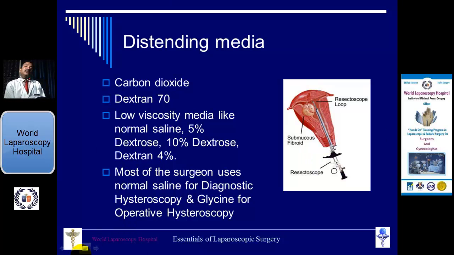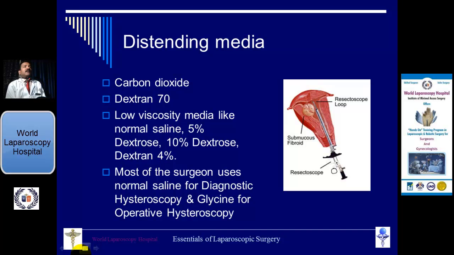Dextrose is good for operative, but normal saline you cannot use for operative with the monopolar, because conventional hysteroscopes are monopolar. If you put your monopolar current, all the current will be taken by normal saline, and the intensity of the current which you really need at the tissue to dissect will be very less, and you will get no effect.